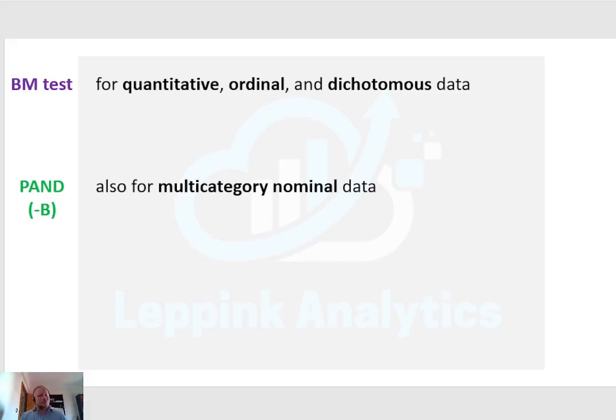For this kind of situations, however, PAND and its Bayesian variant PAND-B can be used. Basically, this all non-overlapping data solution can be used for any kind of data, with the nuance that for multi-category nominal data, its exact calculation will depend on whether we are interested in general non-overlap or in specific local non-overlap.